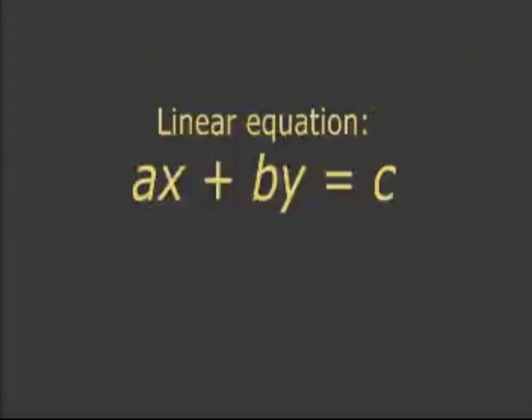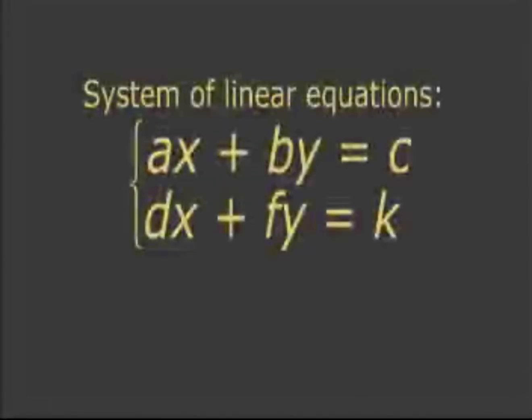When two or more linear equations involve the same variables, they are called a system of linear equations. An ordered pair that satisfies all the linear equations of a system is called a solution of the system.